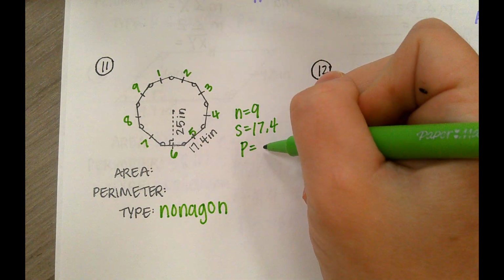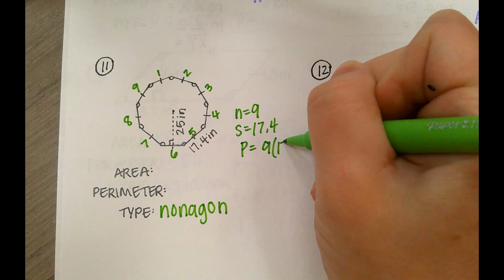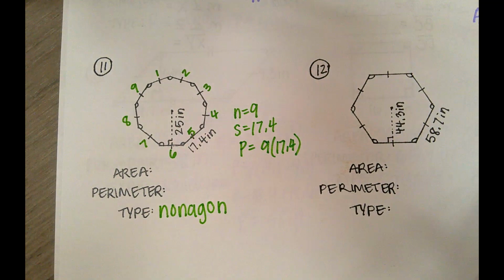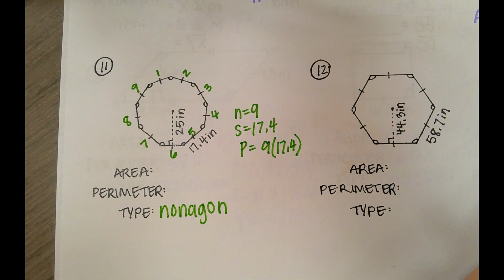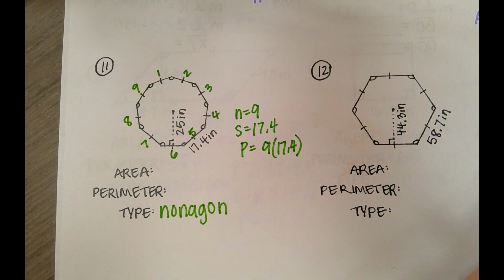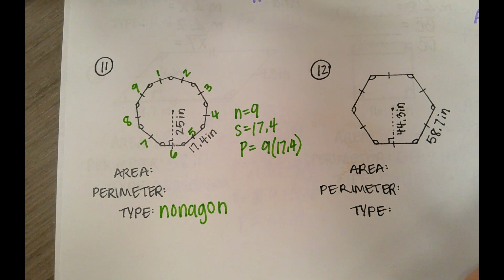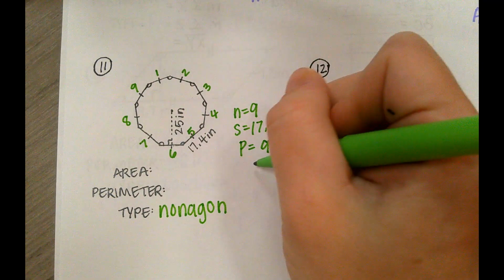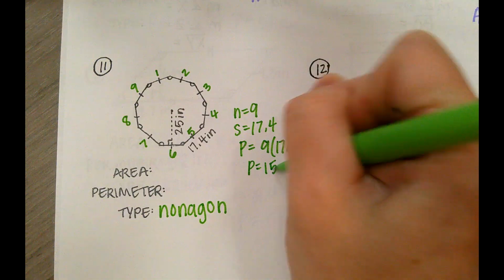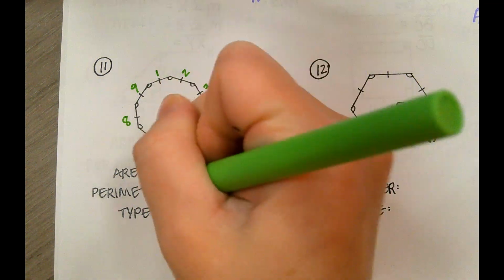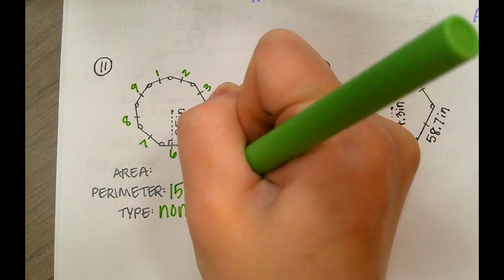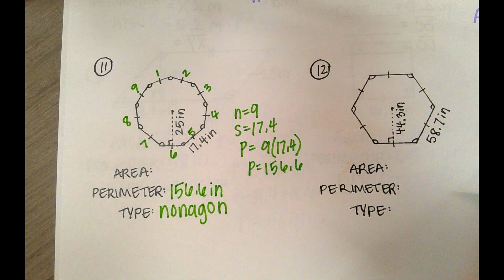We're doing N times S, so let's do 9 times 17.4. And what will that give us? 156.6 inches.